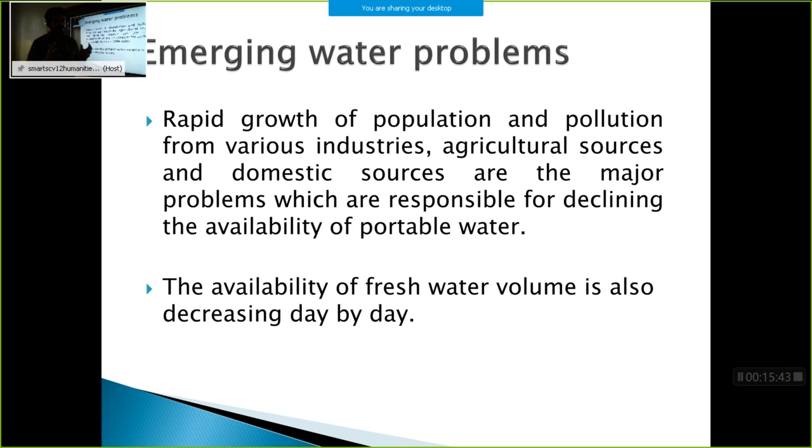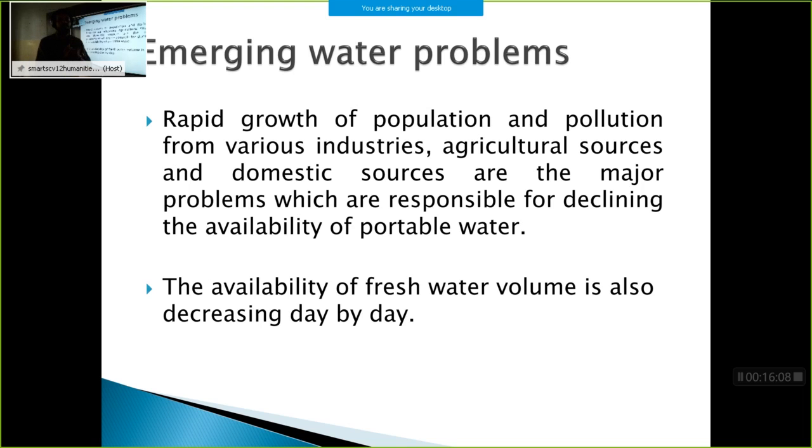We have ample amount of water in lakes, rivers, ponds, tanks and all. But due to pollution, the quality of this water is getting depleted. In the same way, over exploitation due to increasing population is also one of the reasons. The availability of fresh water volume is also decreasing day by day.